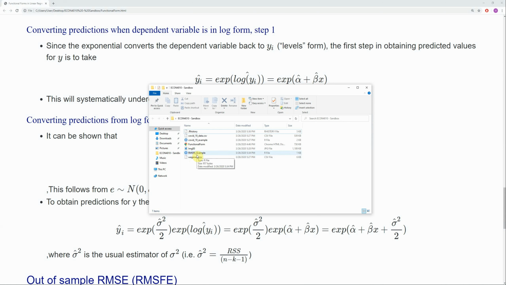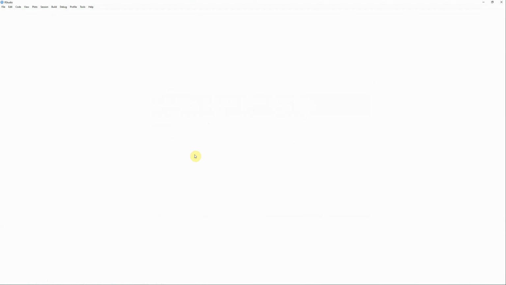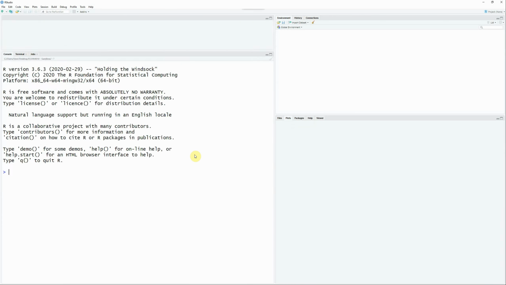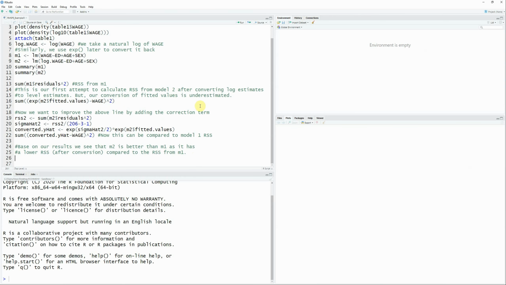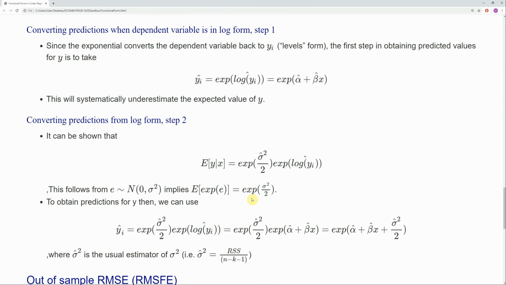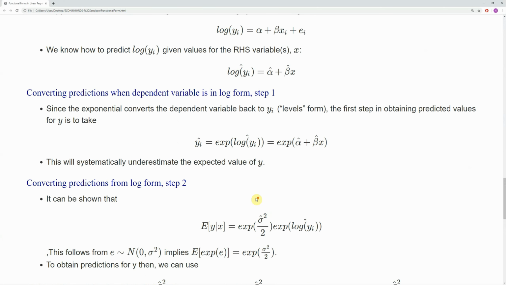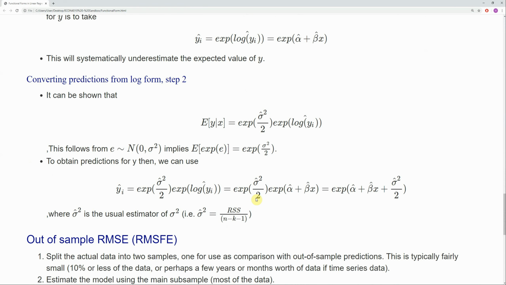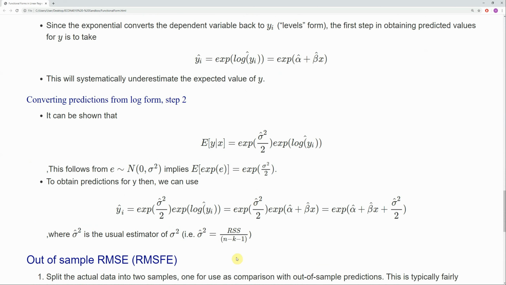So you can go and open the RMSFE example file in RStudio.